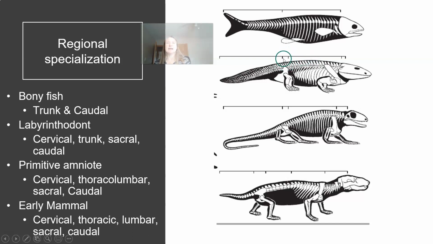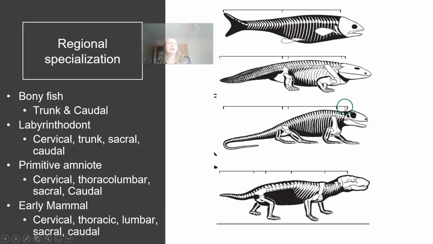We have a sacral region. The sacral region is going to be really important on land because, again, we need to think about our pelvic girdle and how we do weight bearing on land. So we see the sacral region here and then a caudal region. In a primitive amniote, again, we're thinking about more time on land, so we're going to have more specialization.